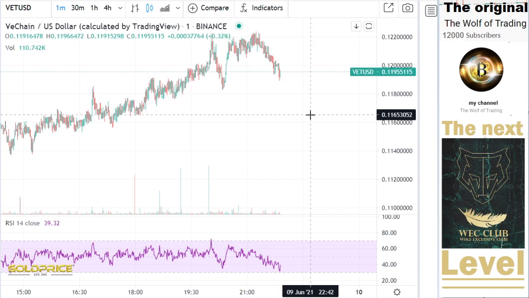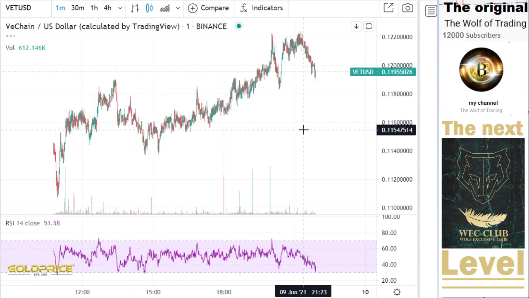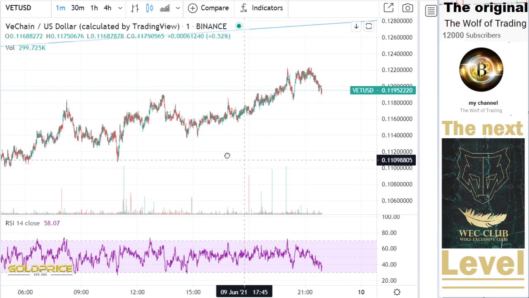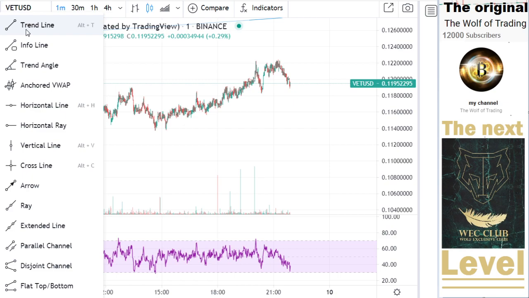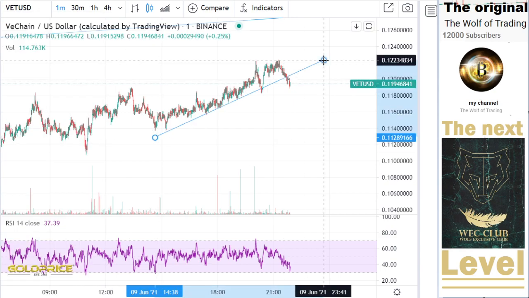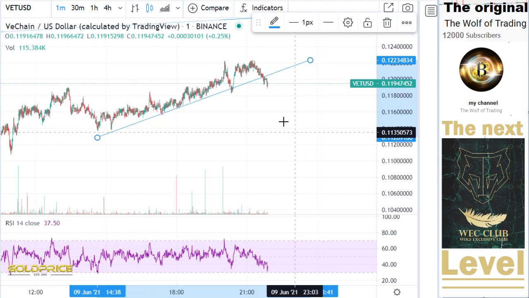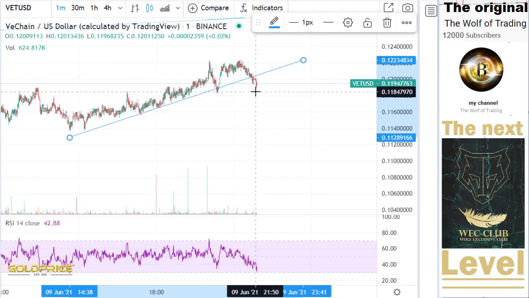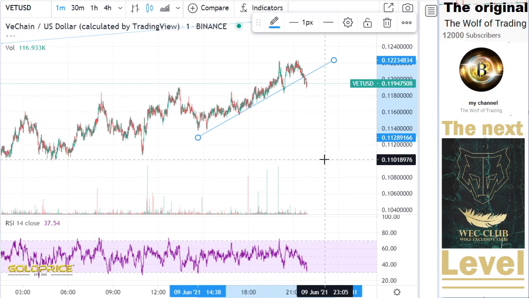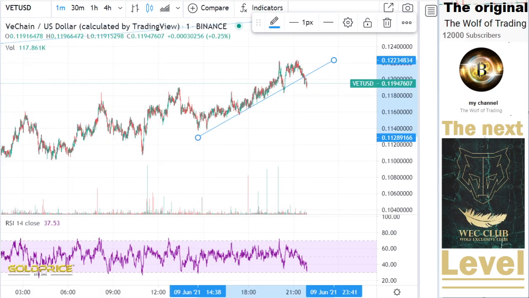At the VeChain price, you can see also with your own eyes something is happening here. The price officially broke the trend line. That means the next target is moving to these levels.